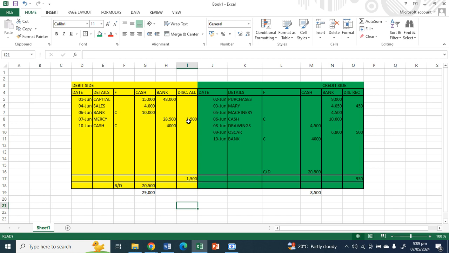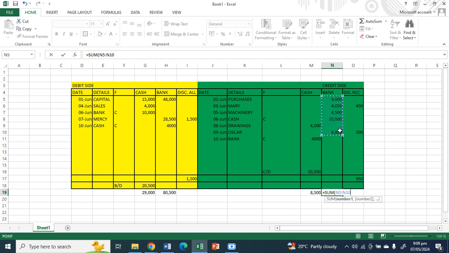Then we go to the bank section. Let's total up the debit side for bank, 80,500. On the credit side, 33,000, 34,350.